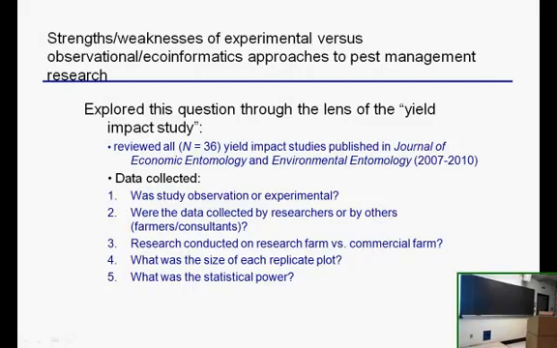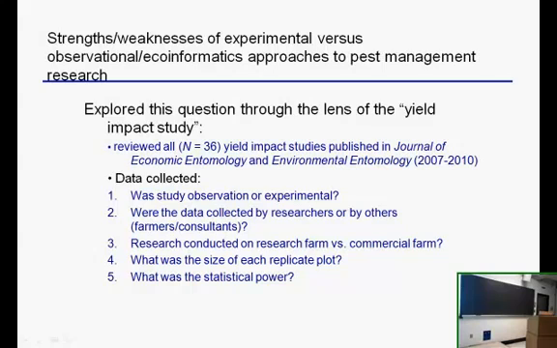So we've been focused on that question: is there real value in these observational data sets, and what are the potential strengths and weaknesses of experimental science versus observational science? Of course, pest management is a diverse endeavor. There are many different kinds of questions being asked, and they are addressed with many different sorts of approaches.